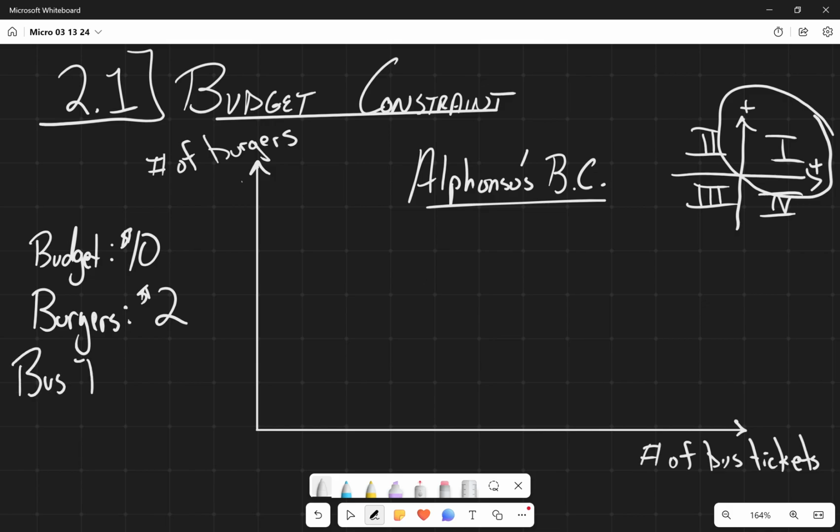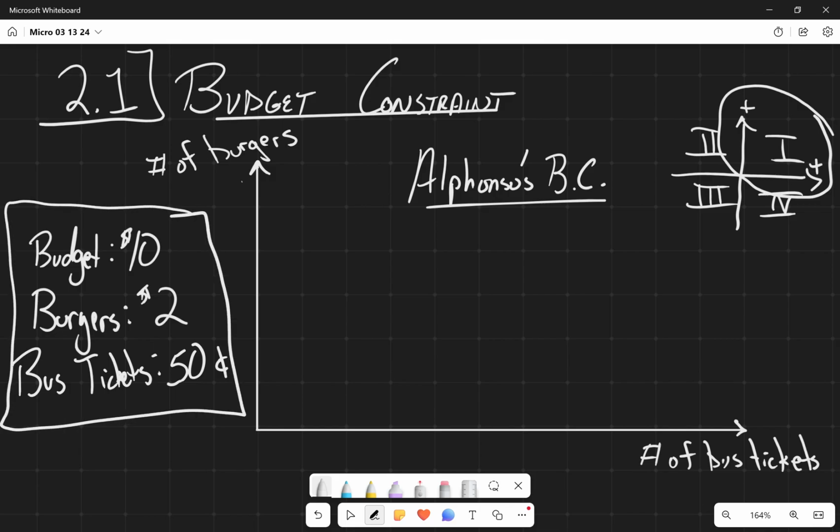Bus tickets, again just to keep with the book, are going to be 50 cents. And so now we are in a very limited, two-good world, where this is all that Alfonso can spend his $10 on, burgers or bus tickets.